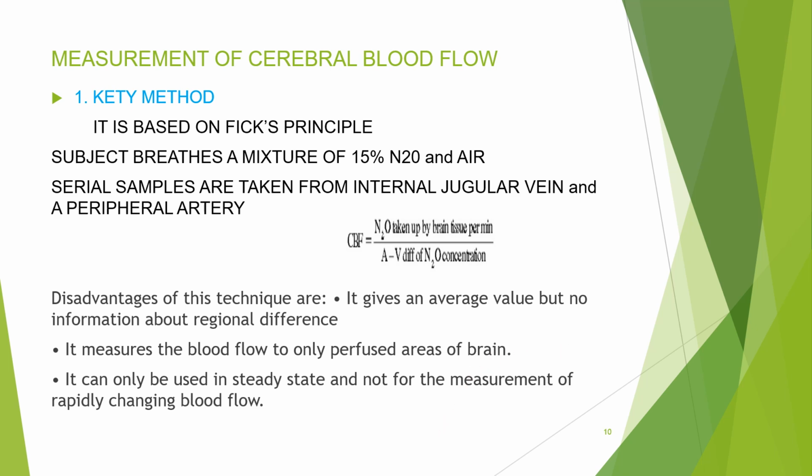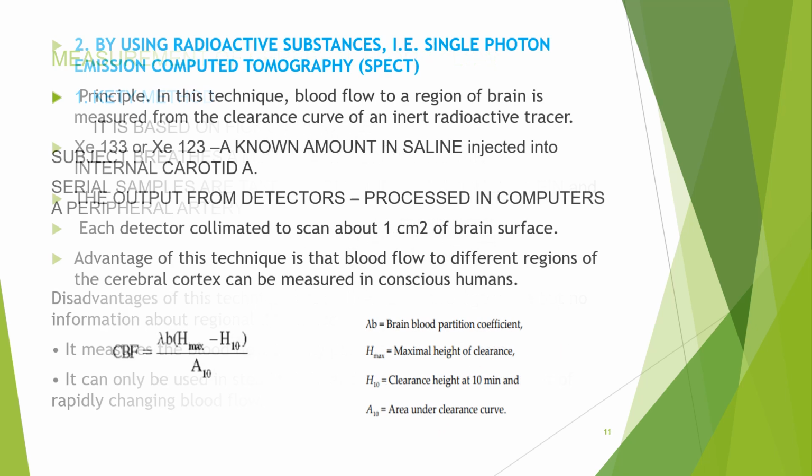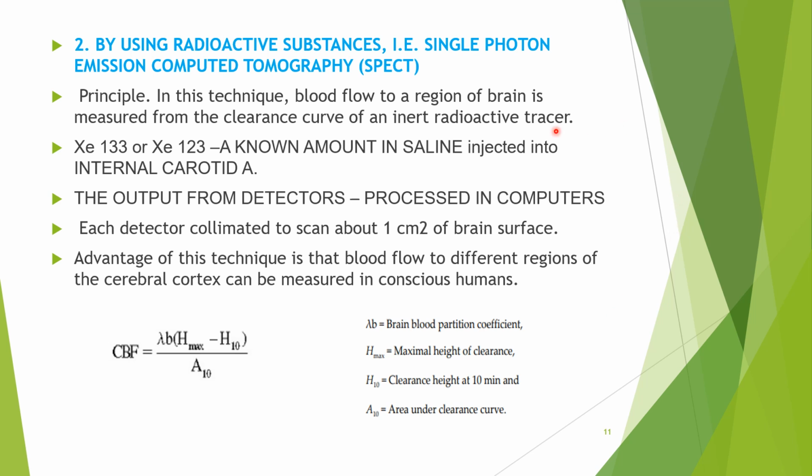Now coming to the second method, that is the SPECT method. It will use radioactive substances. What is SPECT? Single photon emission computed tomography. Now what is the principle here? In the Kety method we have the Fick principle.